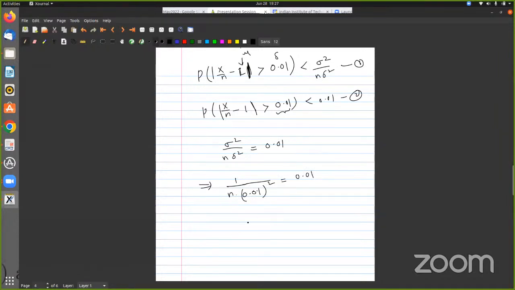Now this n will go to the right side, so it will become 1 upon 0.01 cube equal to n. So n equals 1 upon 10 to the power minus 2 to the power 3, which is 1 upon 10 to the power minus 6, so n equals 10 to the power 6. So that should be the correct answer.